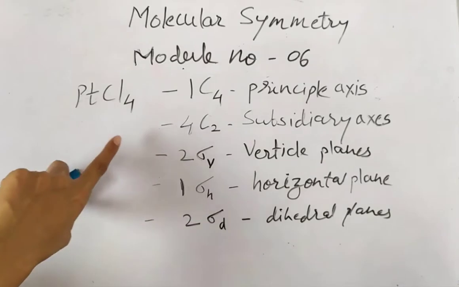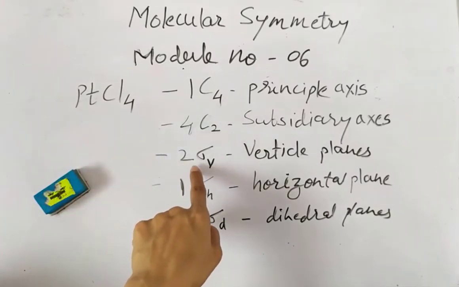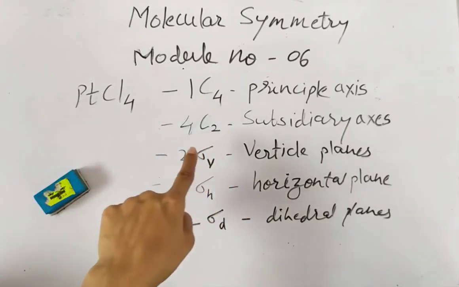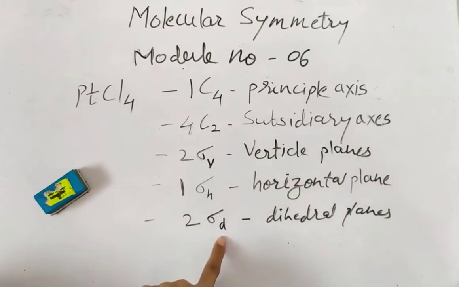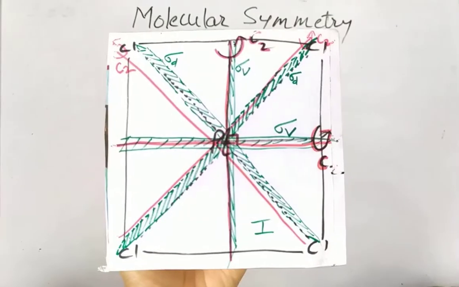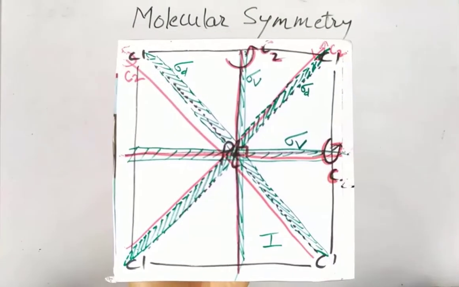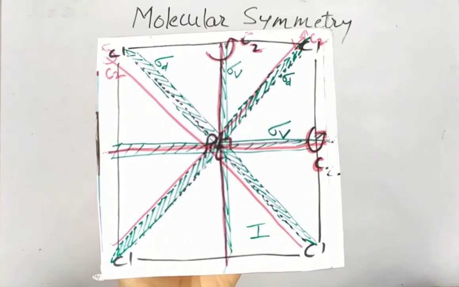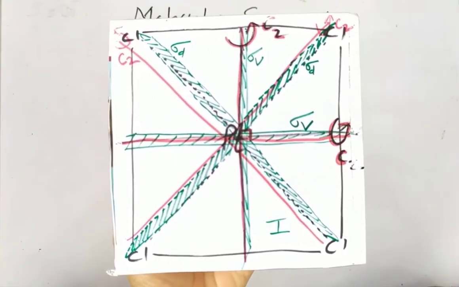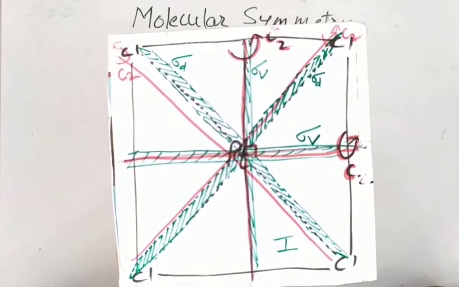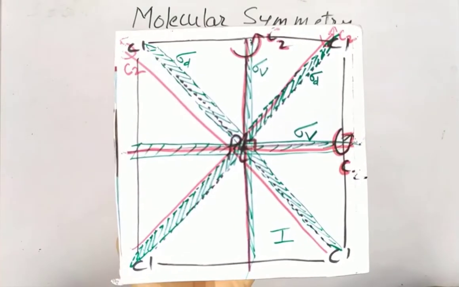Because the place from where we have passed a vertical plane, the same plane we can call dihedral also, because these are bisecting 2 perpendicular C2 axes. I have tried to compile all the symmetry elements that we have got in PtCl4 in this diagram, just in order to avoid your confusion.